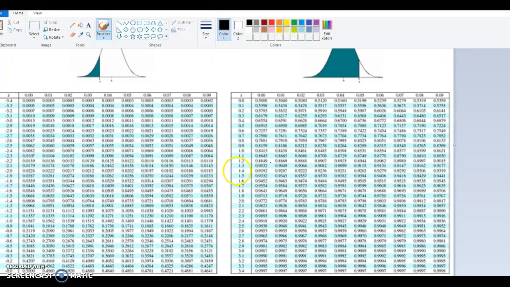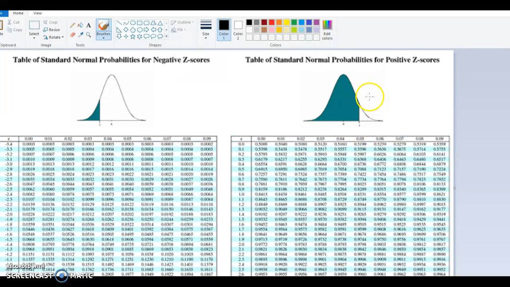Since these z-tables only read to the left, what I'm really asking is what z-value would give me 97.5% to the left of the z-value. That would leave me with 2.5% on this side. They're symmetrical.